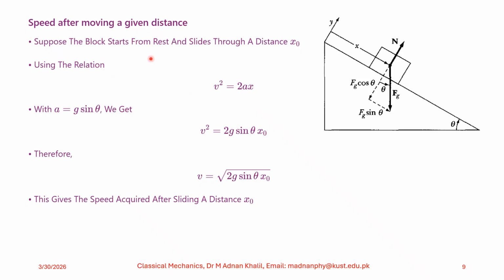Since the block starts from rest, the initial velocity is 0, so vf squared equals v squared equals 2ax. Since we calculated a equal to g sin theta, putting that in we can find the velocity after covering a distance x naught starting from rest.